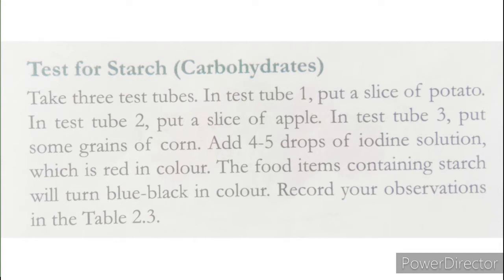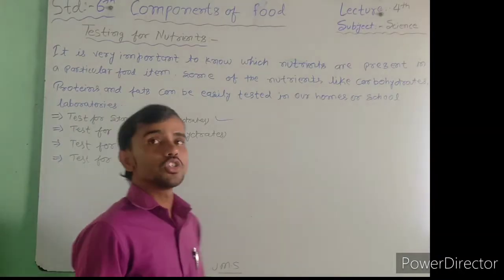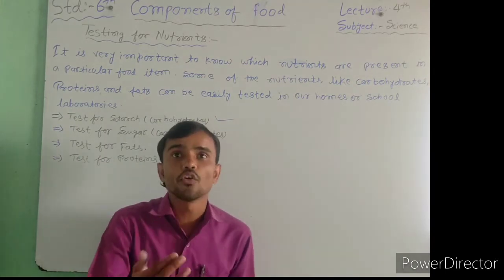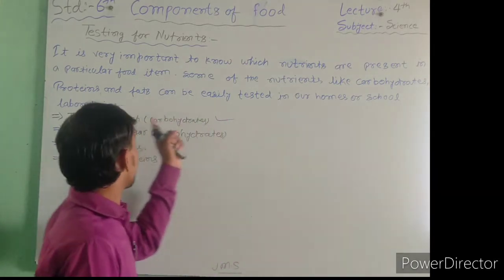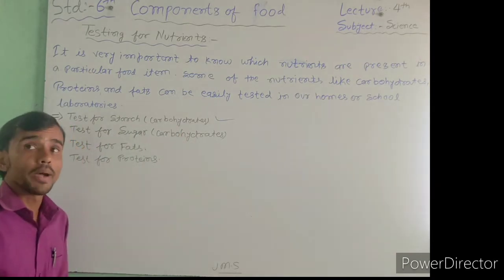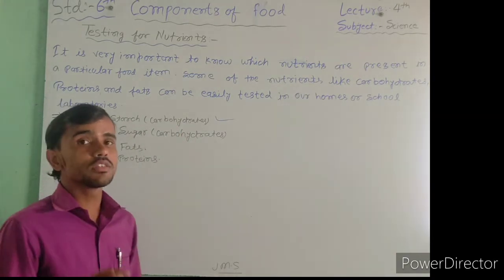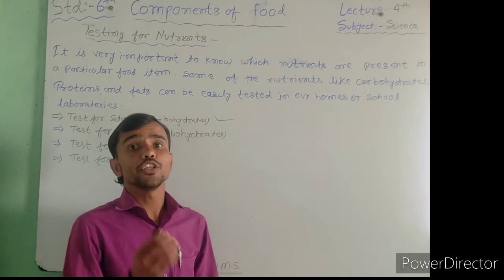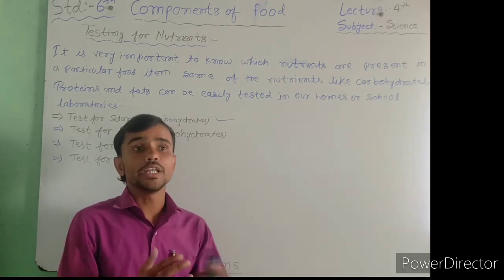Add four or five drops of iodine solution, which is red in color, to each. After some time you see the result of the test for starch. You can also use this technique at home and see what is different.